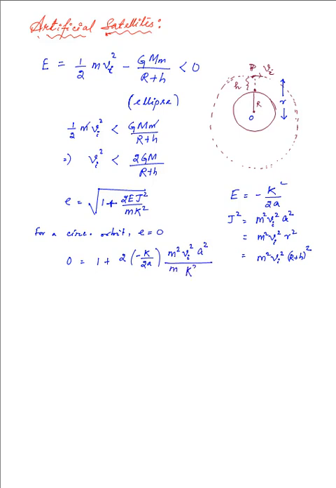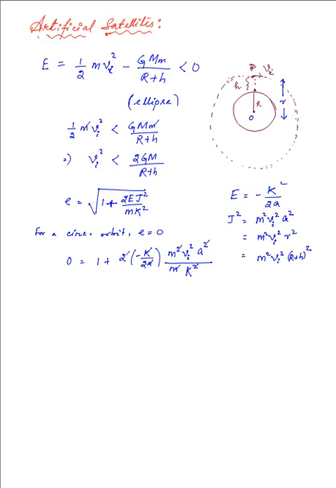m k². Now one of the k's can get cancelled, and one of the m's can get cancelled as well. So is the case with a, they get cancelled as well. Now with the negative term, we can take that over to the other side.